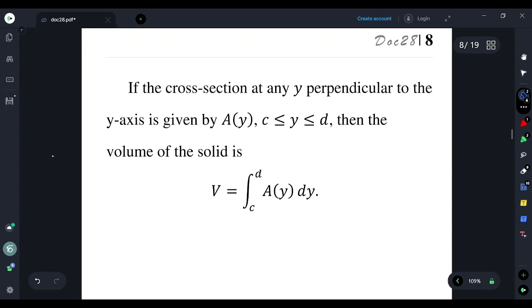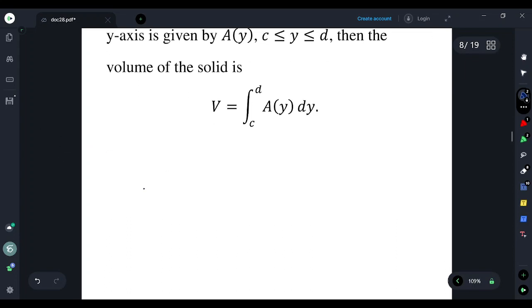There is an alternative, in the case that the cross-section is not taken perpendicular to the x-axis. Previously we took cross-sections along the x-axis, and we got the cross-section area A(x) at any x.